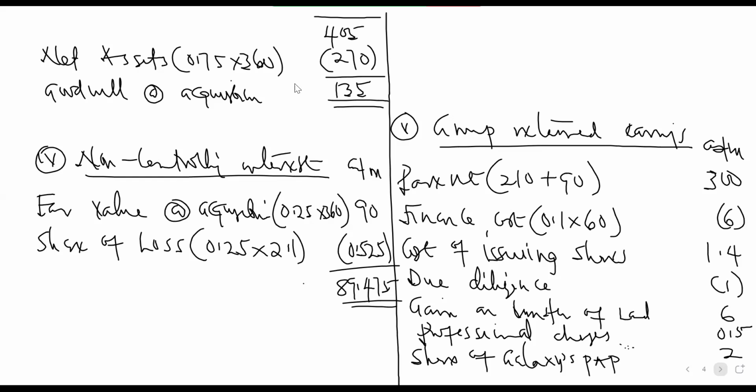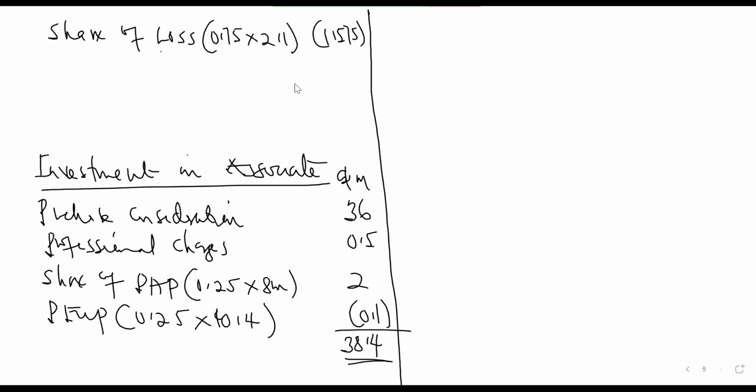Are you sure? And 6 plus 1.4. I didn't show the post acquisition. Okay, plus 6, the post acquisition 0.5 loss, plus 2, minus 1. I'm having 301.325. Okay, 301.325. That's it.